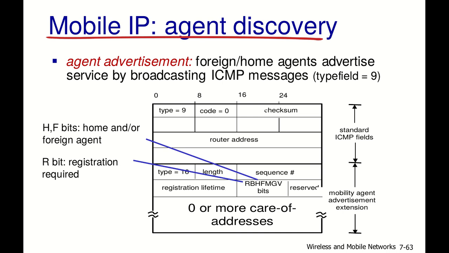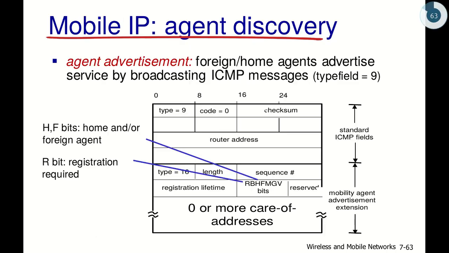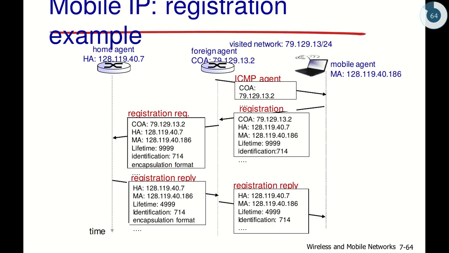This advertisement is sent by broadcasting ICMP messages, and it contains some information like bits indicating whether it is a home or a foreign agent, and whether registration is required or not.